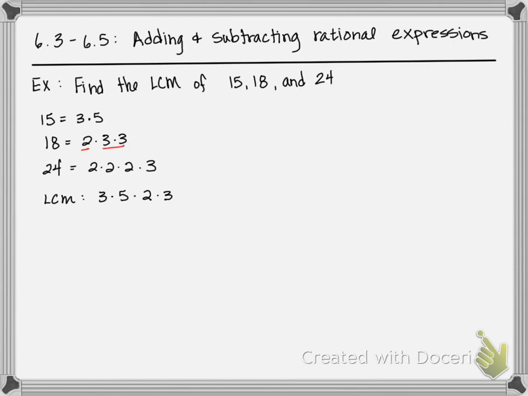And then here we need 3 2s and 1 3. We already have 1 factor of 2, so we need 2 more factors of 2. And then we already have that factor of 3. And it's 360.